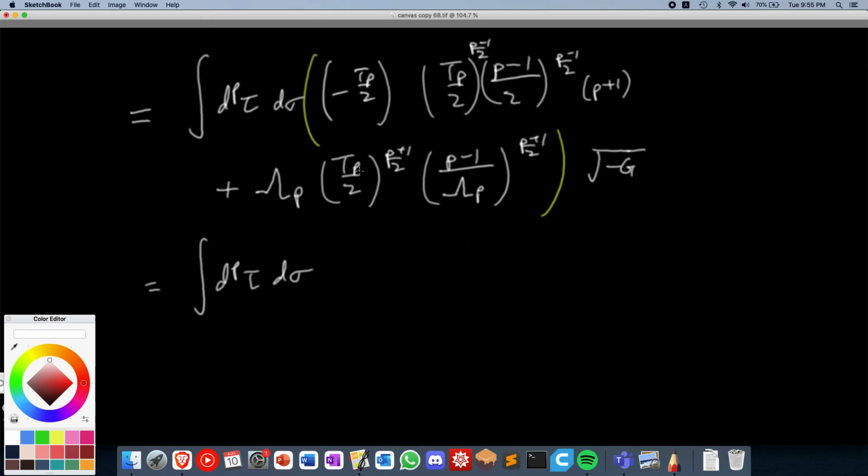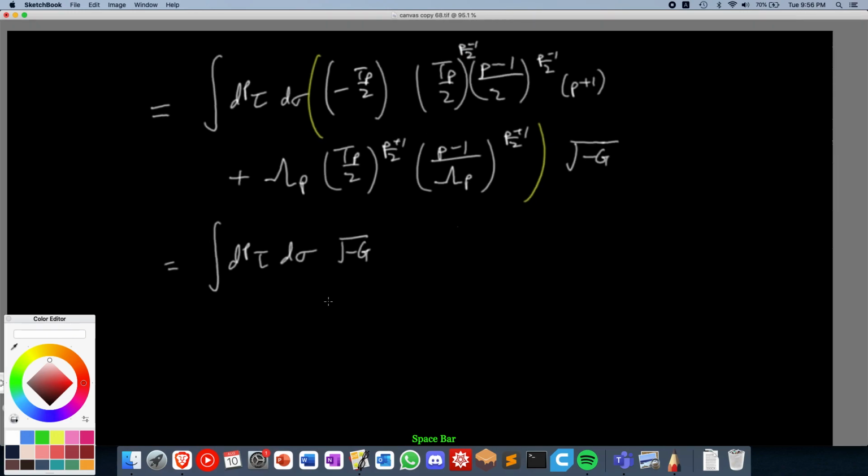Just need to observe some simplifications. Clearly this guy and this guy mix well, so there's a minus 1 times, I'll just write the square root minus g outside, and then this guy is tp over 2, so minus tp over 2, p plus 1 over 2, p minus 1 over 2p. Actually, I think I shall not do that.